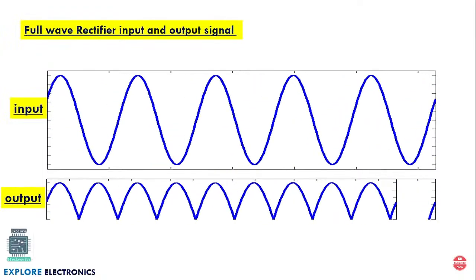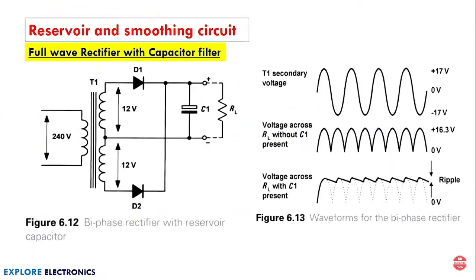For an AC signal, again we can connect a reservoir circuit and smoothing circuit for the full wave rectifier as we connected in half wave. This C1 will be acting as a reservoir capacitor. This is the secondary coil voltage of 17 volts, and at the output across RL without C1 we are going to get the signal like this. It will consist of more AC component compared to the half wave rectifier output.